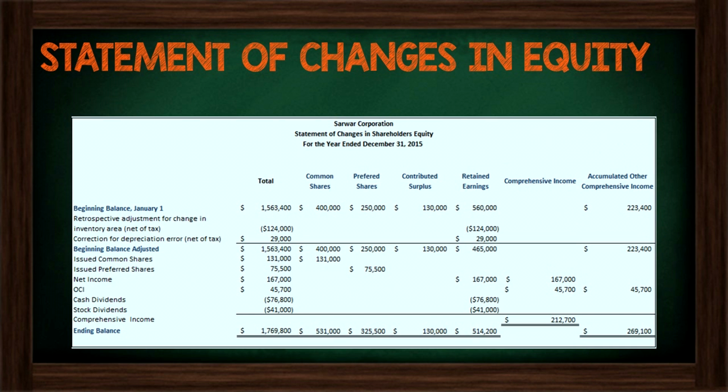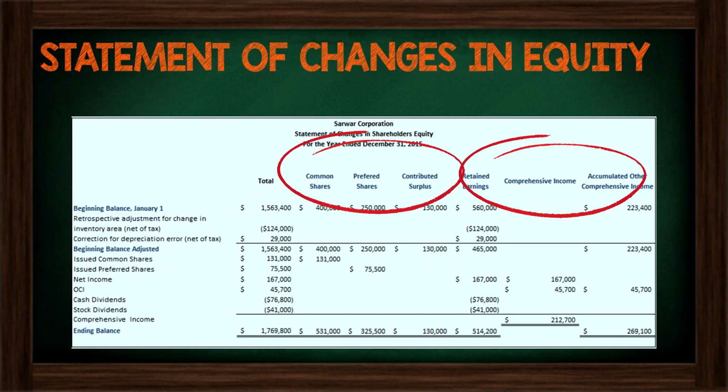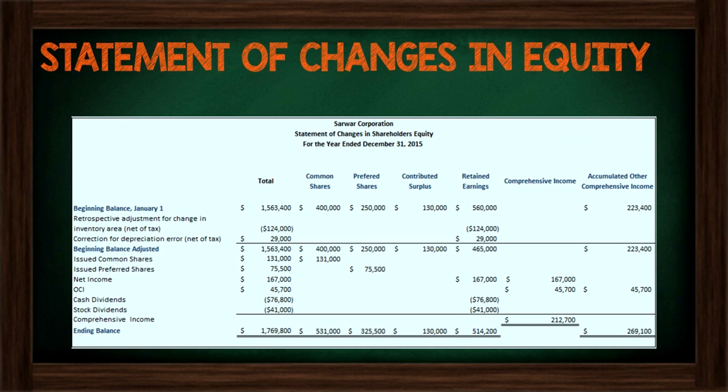Just list out all of your individual shareholders' equity accounts, list the beginning balance, show any activity that happened in the year that affected this account, and then find our ending balance. After that, add up everything that happened in these columns to solve for the total column on the far left. And once you've done that, the statement is complete and you're finished.